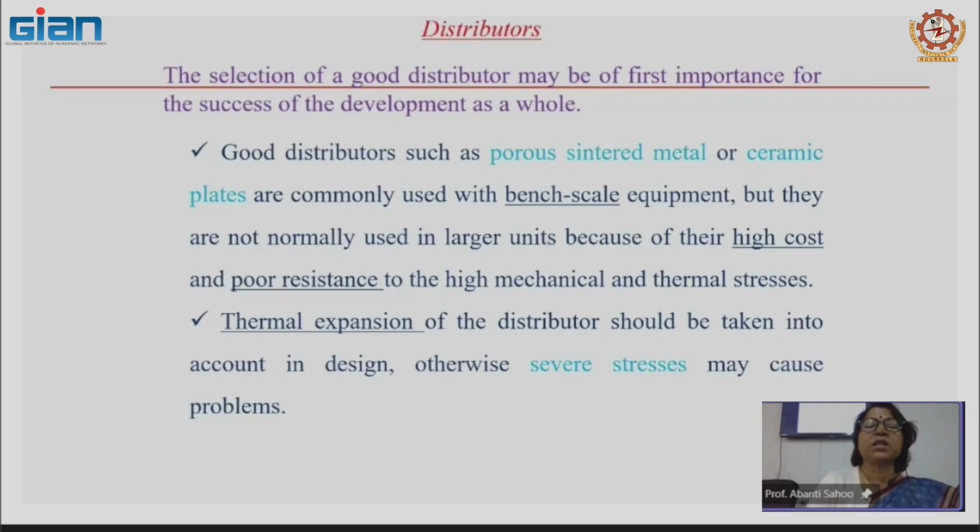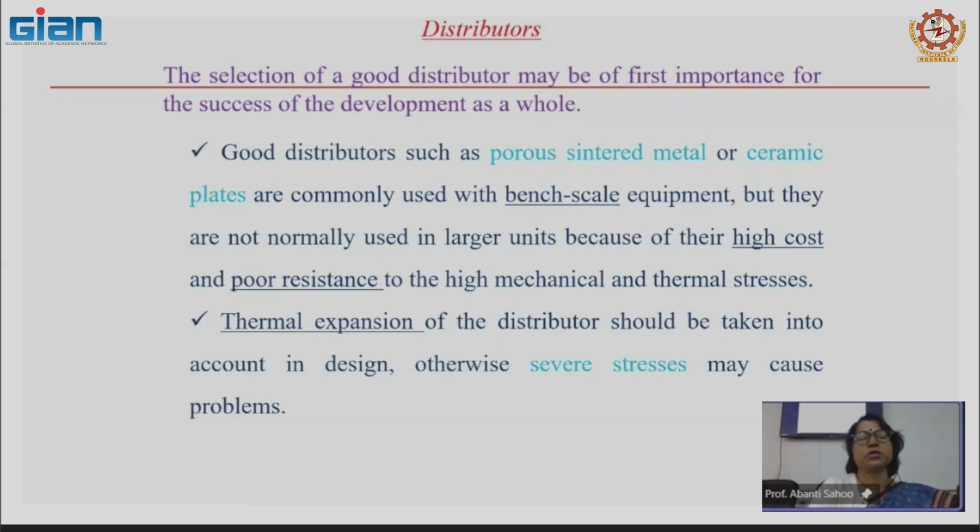Then distributors. A good distributor is required, which will be supporting the weight of the bed materials and preventing loss of the materials or passing of the materials to the air pipe or the wind box region. So, porous sintered metal, ceramic plates or bubble cap, depending on the type of the bed materials, we can select the type of the distributor also.